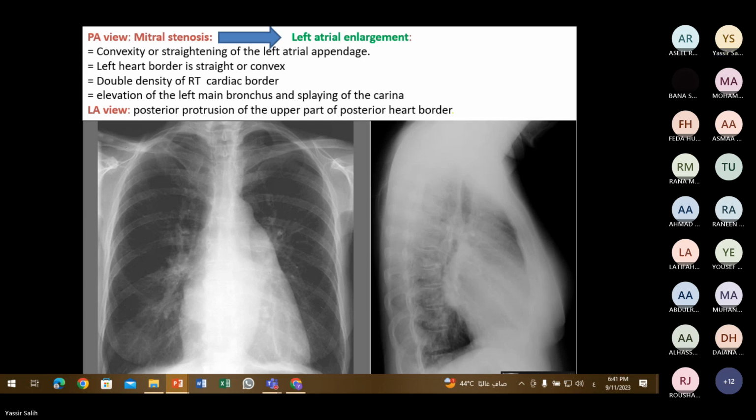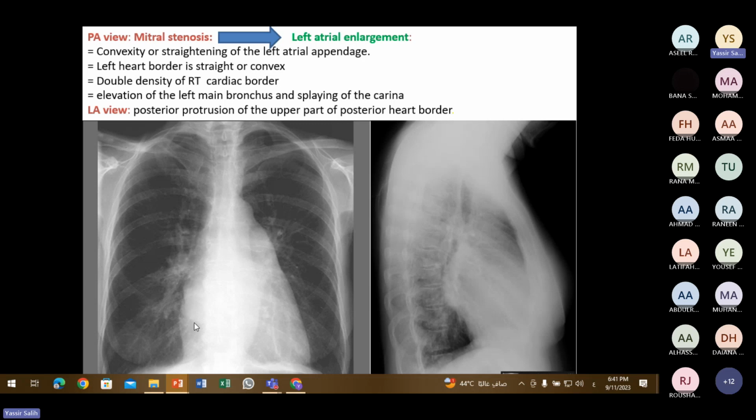Again, first we have straightening of the left cardiac border with convexity or straightening also of the left atrial appendage. Double right cardiac border. The next image shows the double right cardiac border more clearly. So this is the left atrium wall and this is the right atrium. We have a double wall.